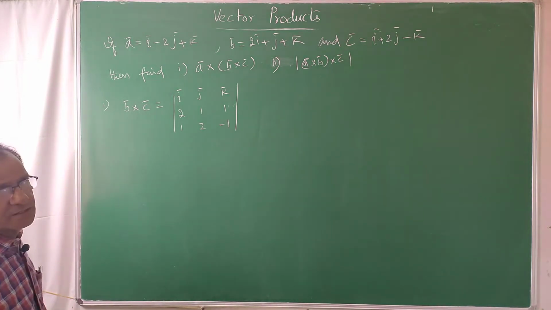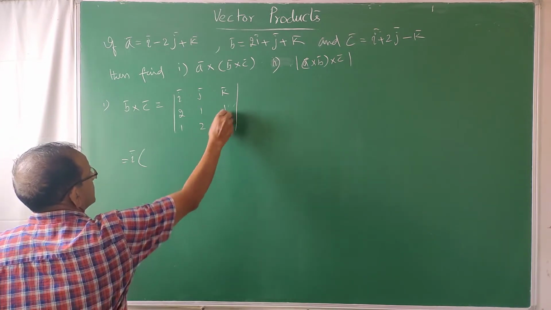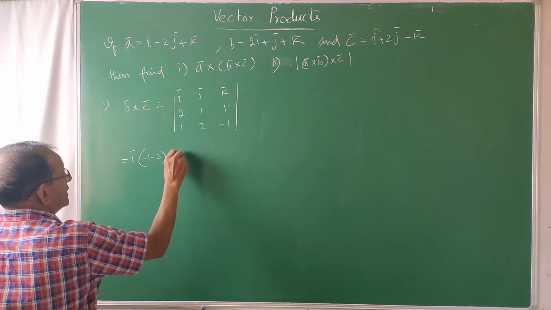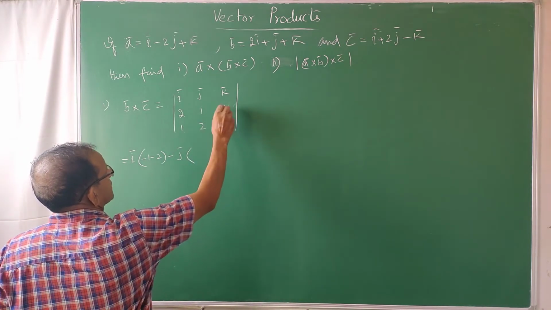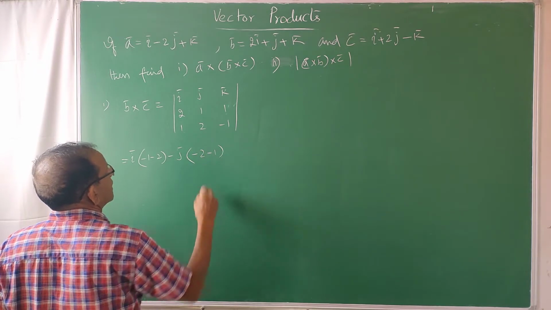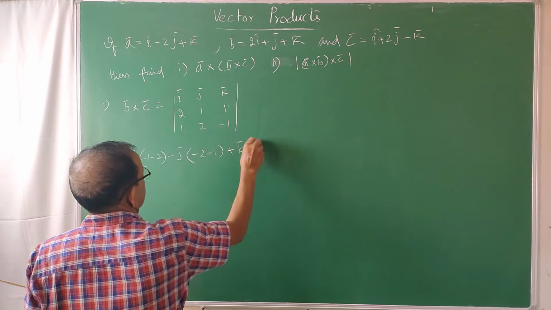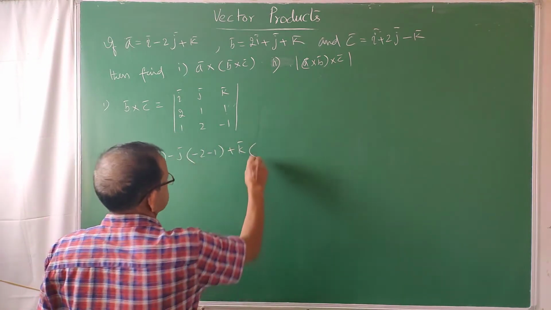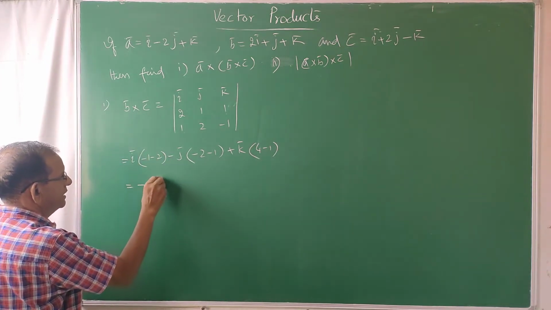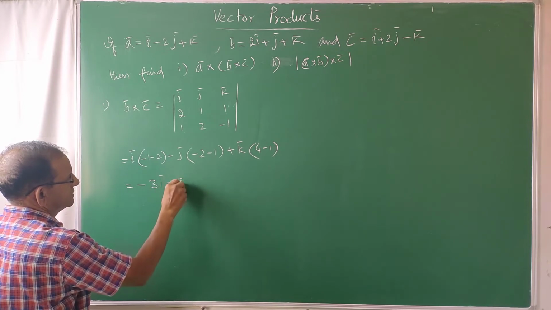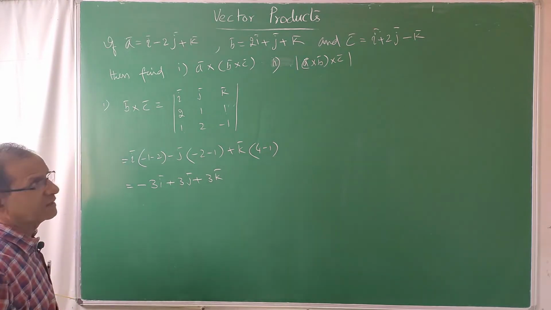If you expand, you will get b cross c, that is equal to i bar into minus 1 minus 2, minus j bar into minus 2 minus 1, plus k bar into 4 minus 1. So that is equal to minus 3 i bar plus 3 j bar plus 3 k bar. This is b cross c.